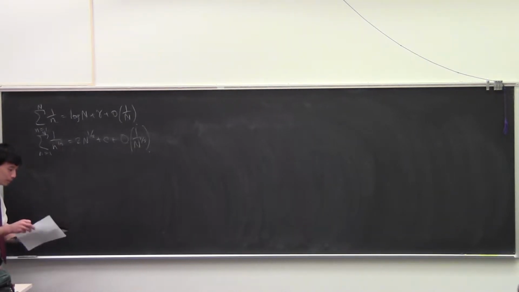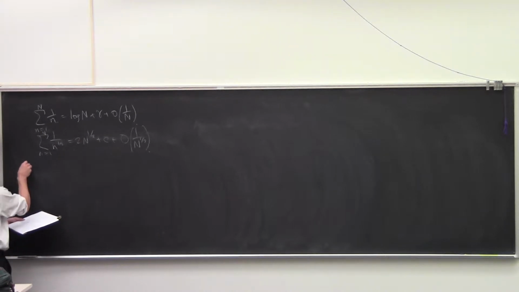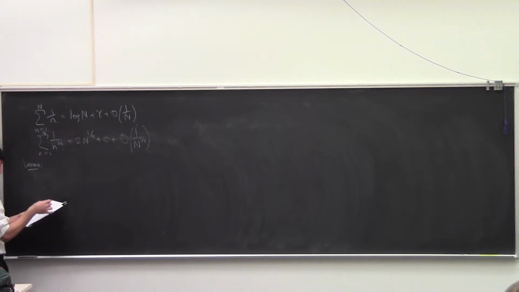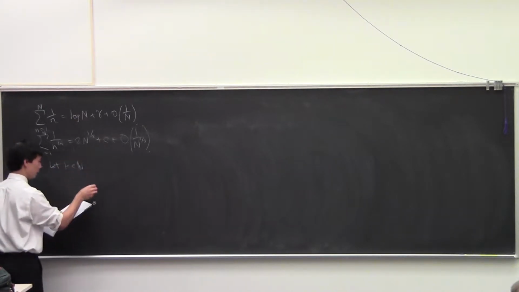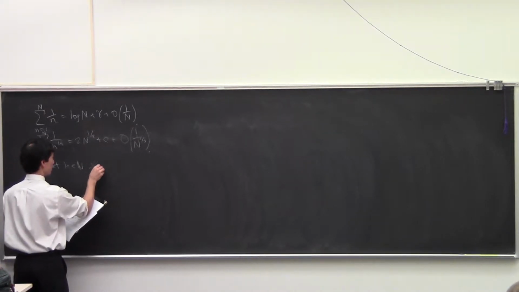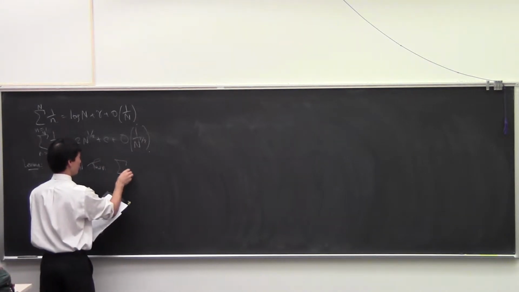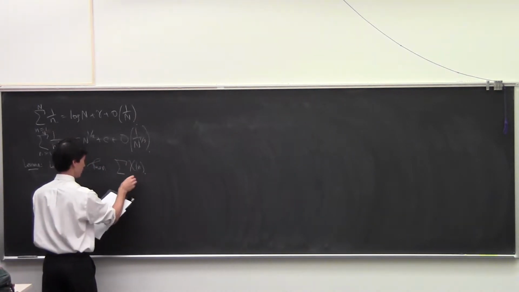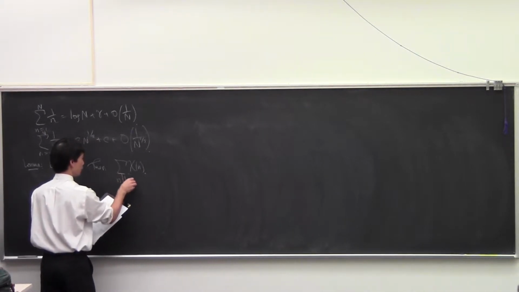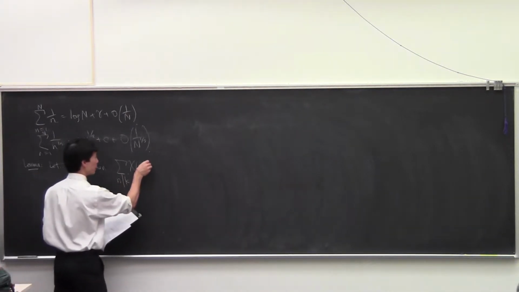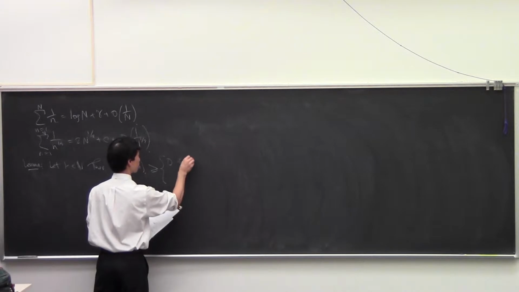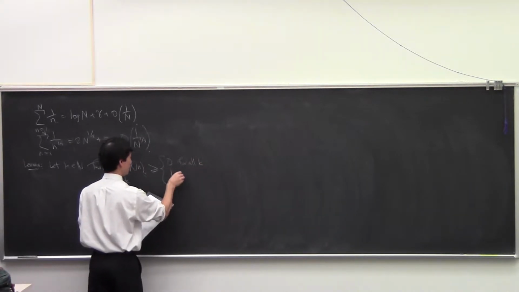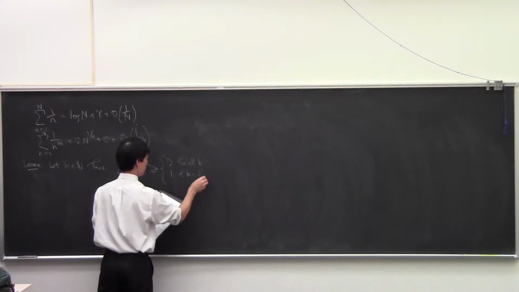Okay, so here's the first lemma that we're going to need. Let k be some natural number. Then the summation over the n that are divisors of k is bounded below by 0 for all k, and bounded below by 1 if k is l squared for some l.